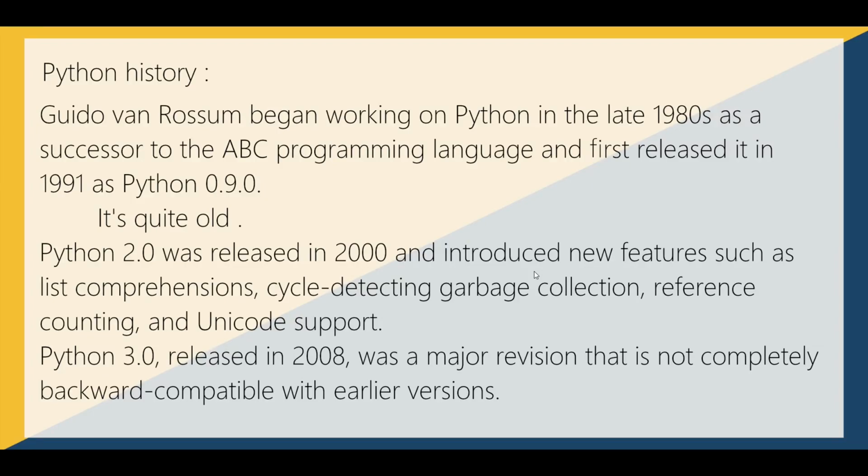So Python 3 is somehow a new version of Python. You cannot write code in Python 3 and expect it to run on a Python 2.0 compiler. It won't work, and Python 3 is somehow independent from Python 2 and Python in general. So Python 3 is somehow a new programming language, and mostly the things that work on Python 2.0 won't work on Python 3.0, okay?